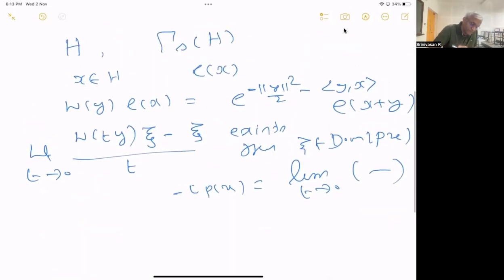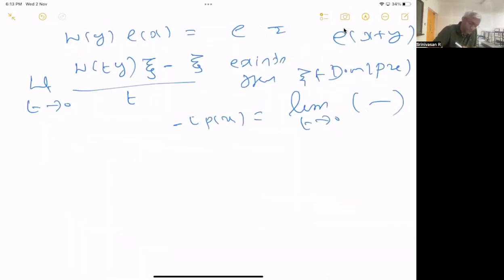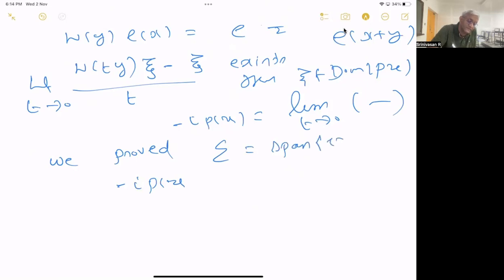Then we proved the limit exists on the exponential domain. We proved this for iPu. Of course, it is enough to prove it for E of x. We take any exponential vector, E of x, x in h, and there this limit exists.